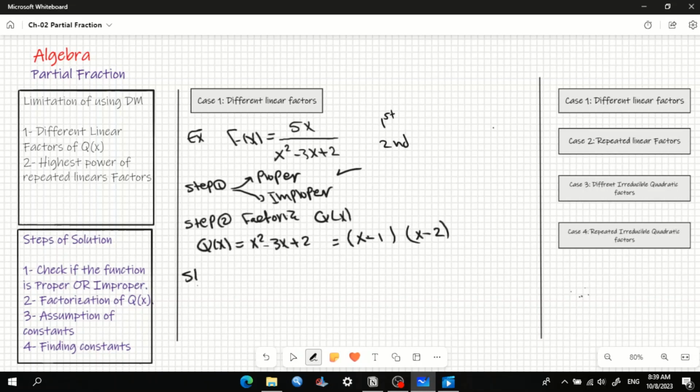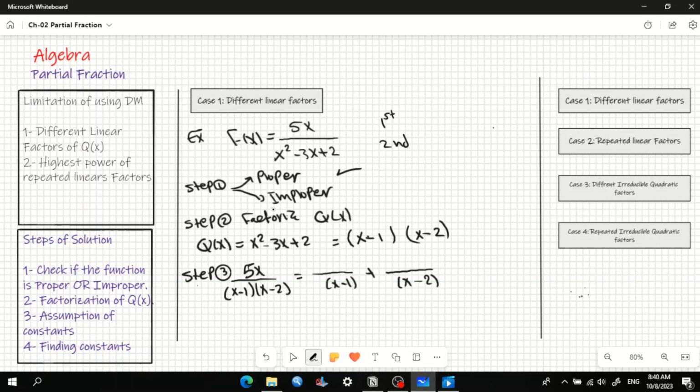So step 3, let's rewrite our function after factorization: 5x over (x plus 1)(x plus 2) equal to A over (x plus 1) plus B over (x plus 2).